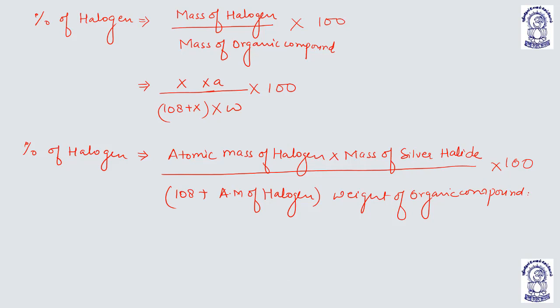So this is the Carius method to estimate the percentage of halogen.